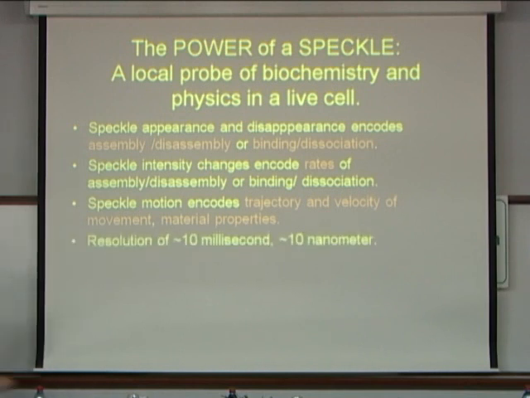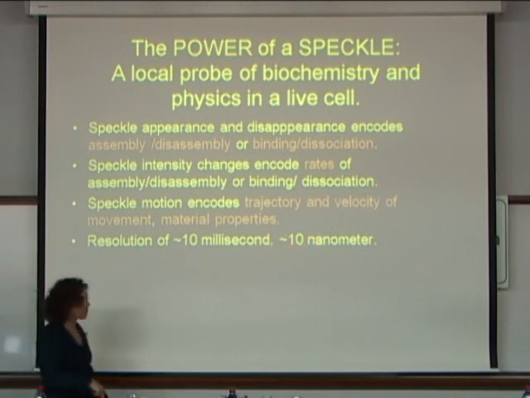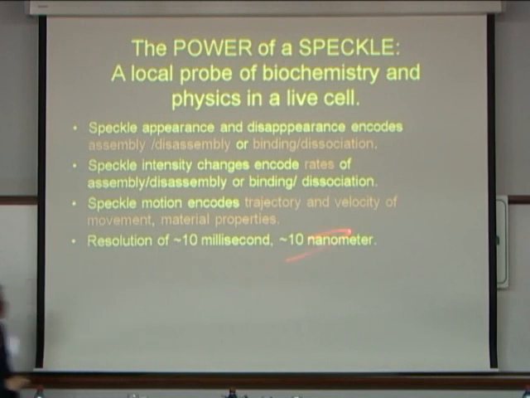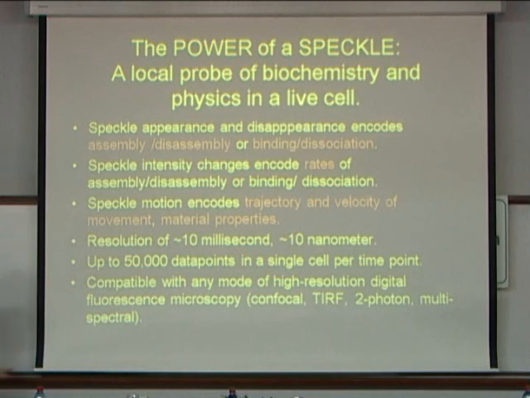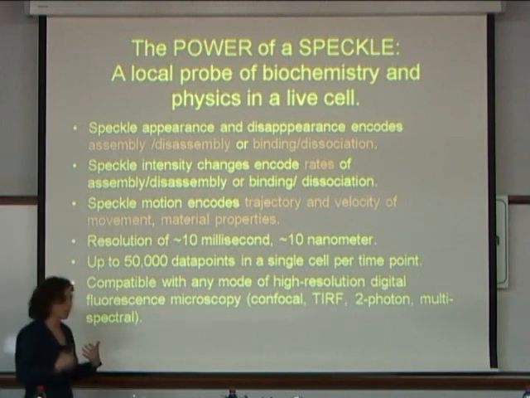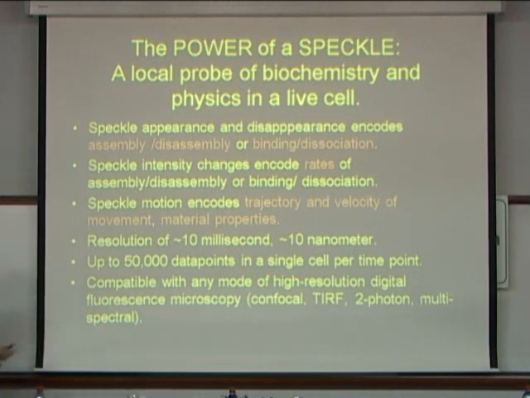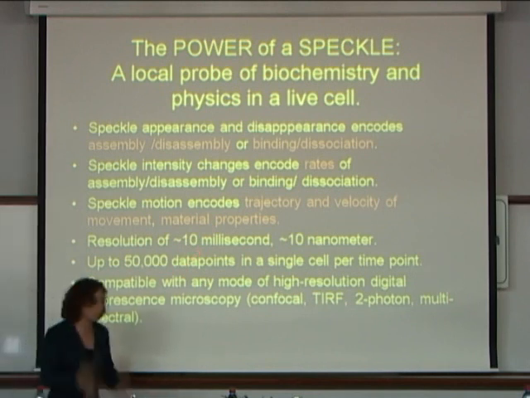We have a resolution these days of about 10 milliseconds to get one of these images, and we can track them with sub-pixel fitting positionally down to about 10 nanometers. There's tons and tons of data, as I said, 50,000 data points in a single cell per time point. Then you can do it in multiple wavelengths for multiple proteins, and you can multiply this number times the number of different fluorophores you're looking at.